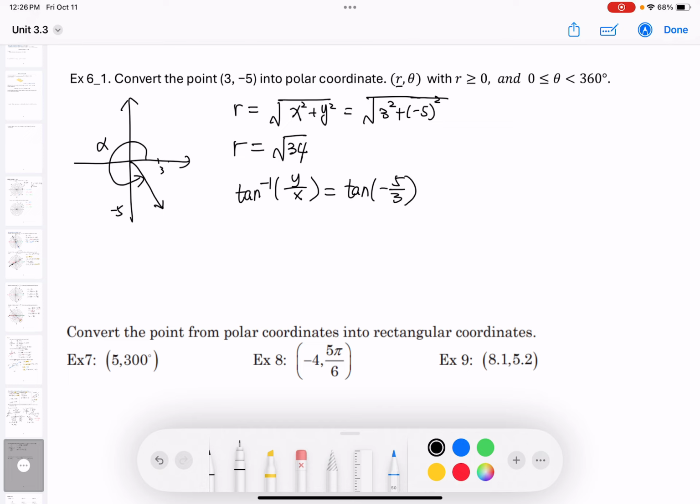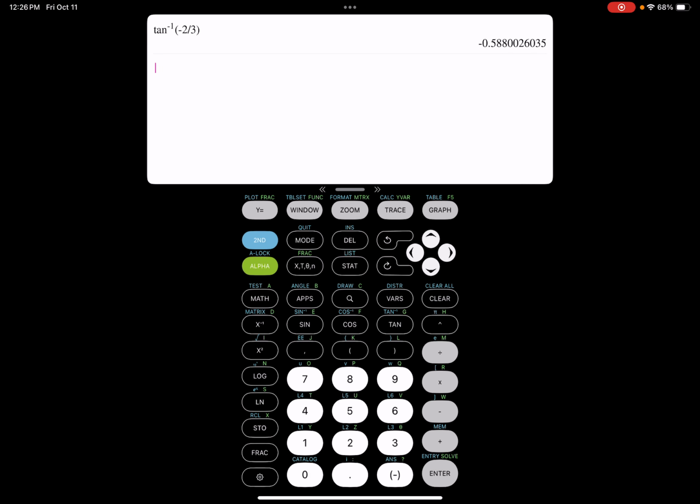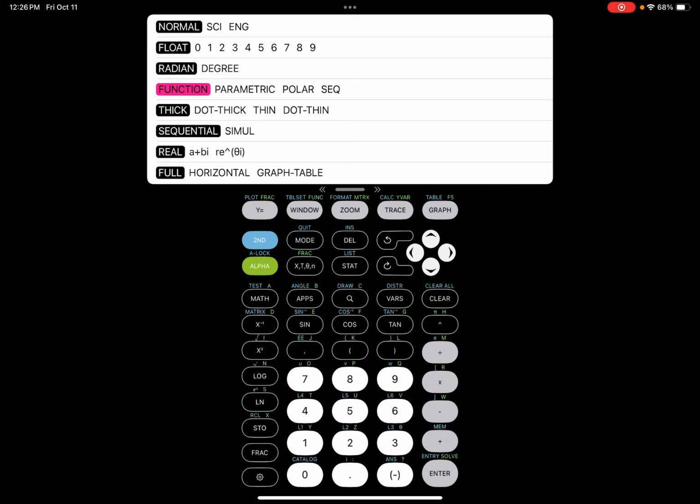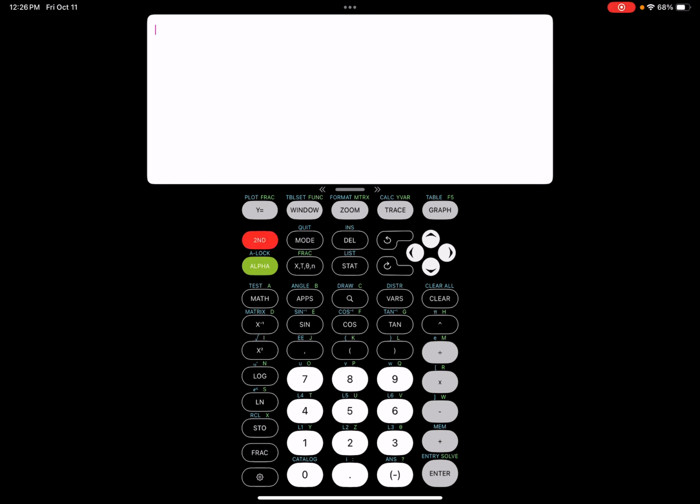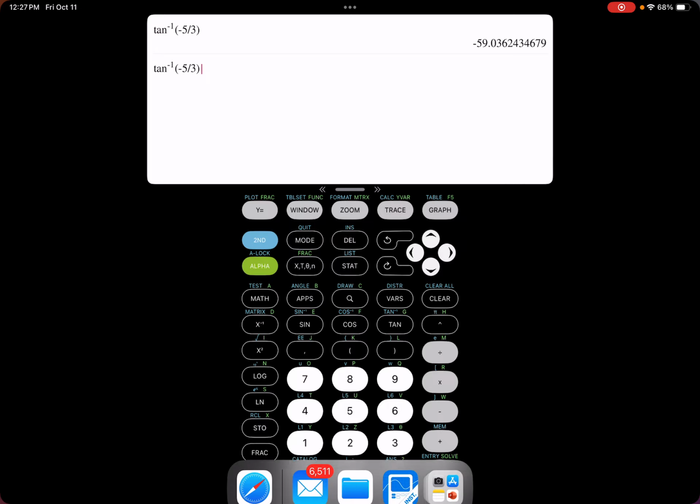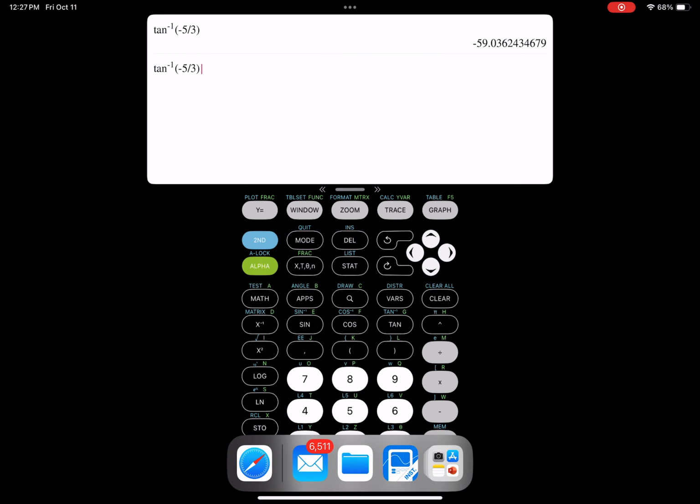We don't know how to find it by hand, so we should use our calculator. It's in the degree measure, so this time we need to change our calculator to degree. Then we click second, tangent, negative 5 divided by 3, close the parentheses, and it is negative 59 if I round it to integers. So it's negative 59.